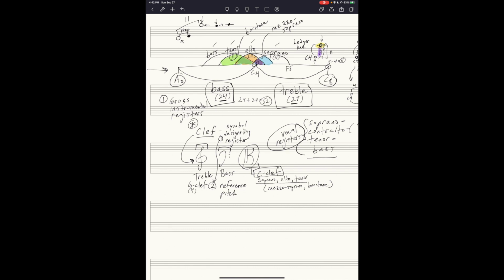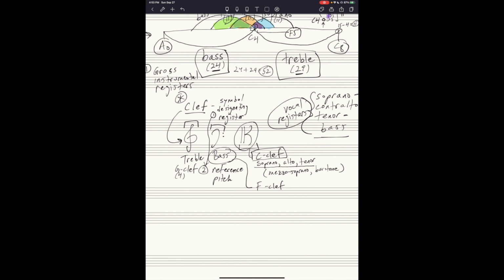And the bass clef, wow, I've really run out of space here. The bass clef is called the F clef, and the specific octave designation for that F in the bass is F3.